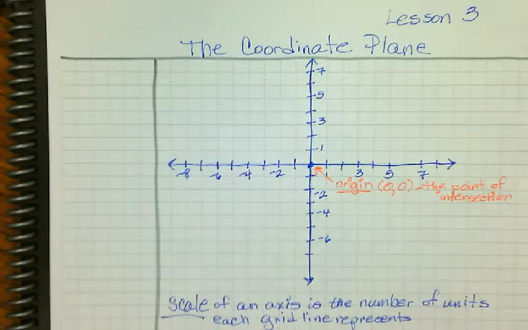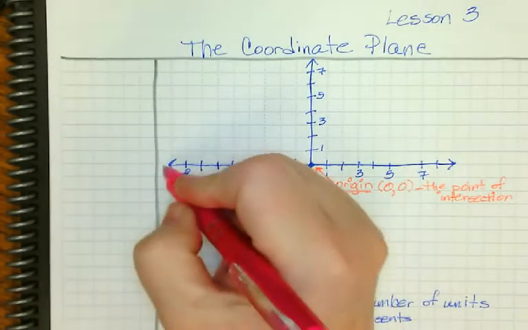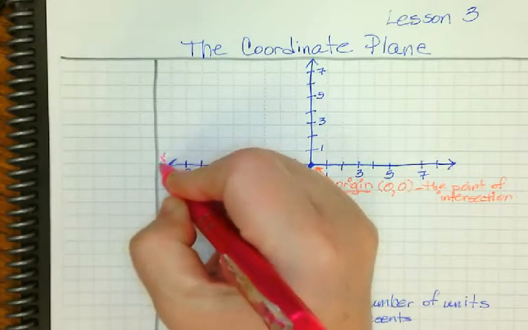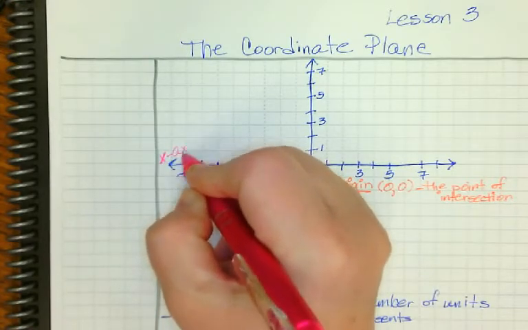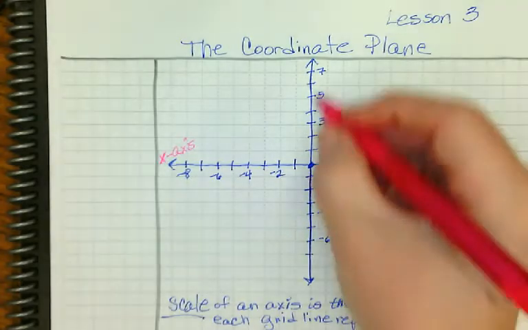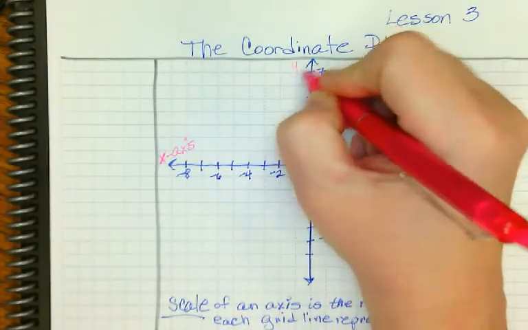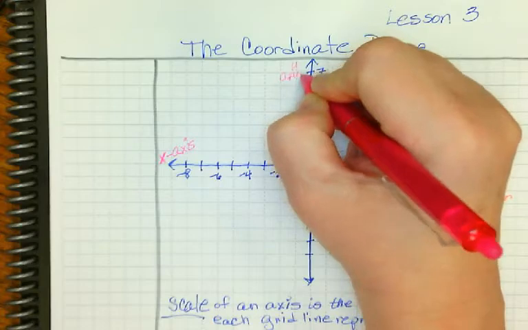Now, as I said, each one of those lines is an axis. So they each have a letter. All right? Your horizontal is your x-axis. And your vertical, this is your y-axis. Why?